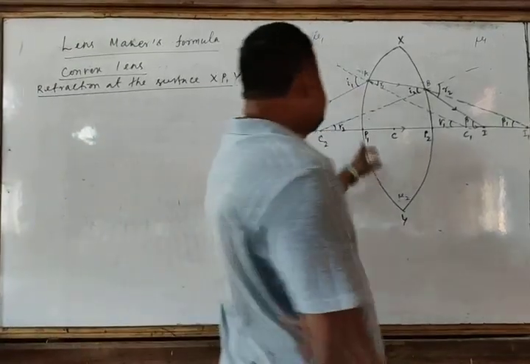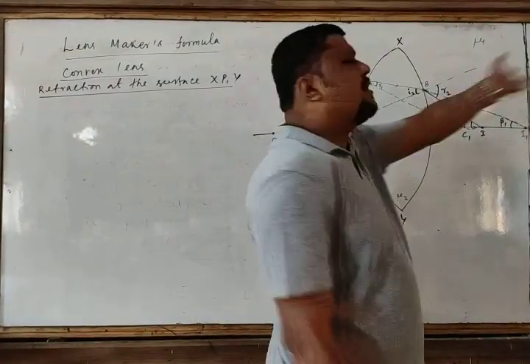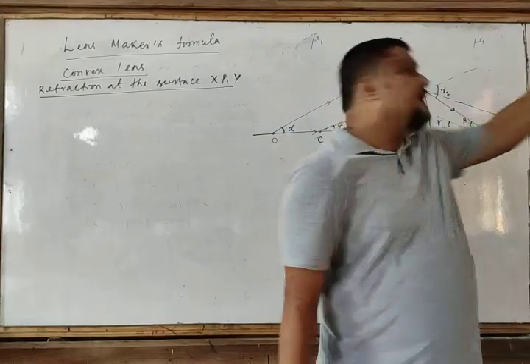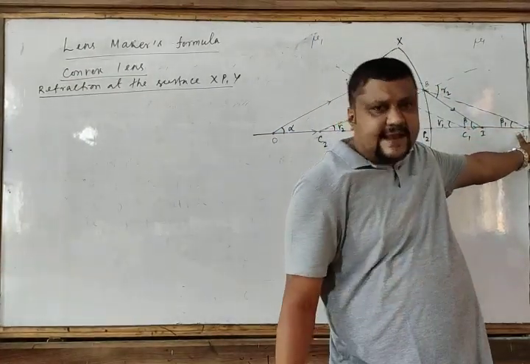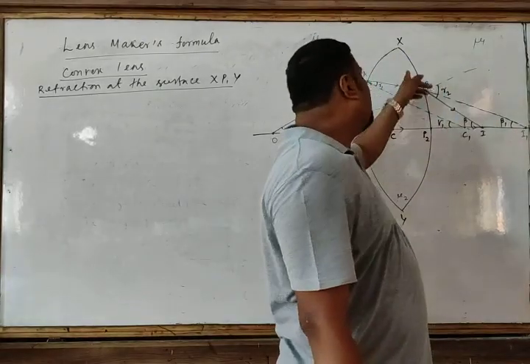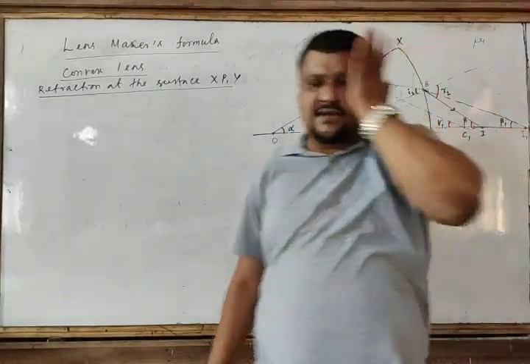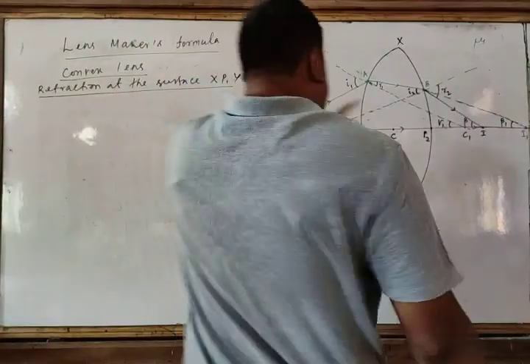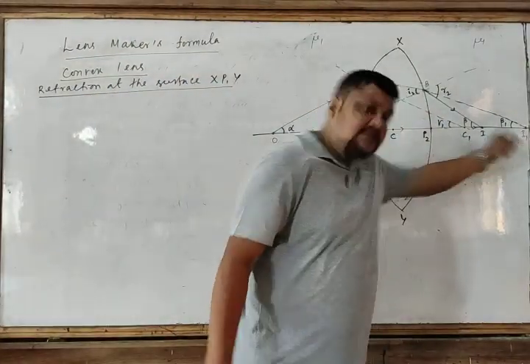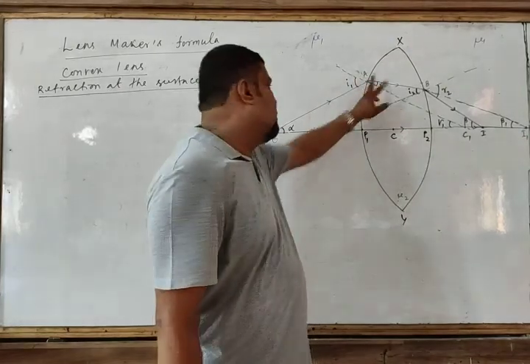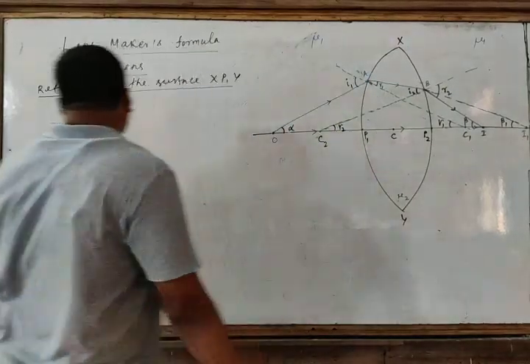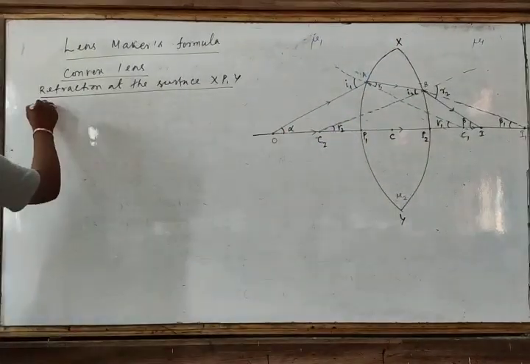For a convex surface, the object in the rarer medium, the image is formed anywhere. Maybe here it looks like the image is formed in the air, but for this surface the image is in the denser medium. Okay? And this is a real image for this surface, for the real object O, for the surface xp1y.